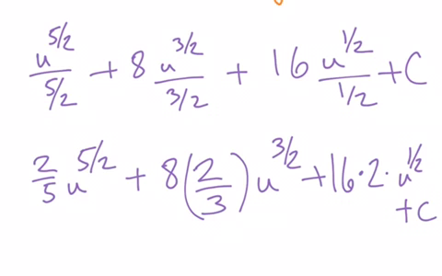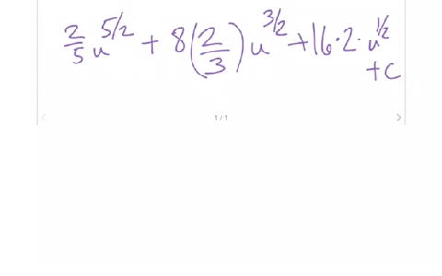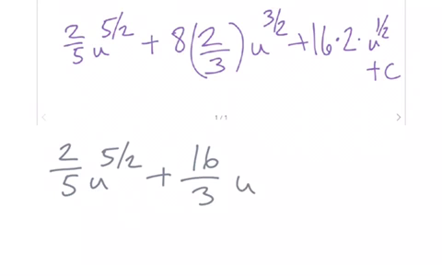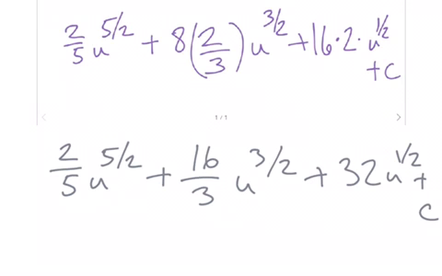I have run out of space, so continuing from the other page, this breaks down to 2/5 u to the 5/2 plus 16/3 u to the 3/2 plus 32 u to the 1/2 plus c.